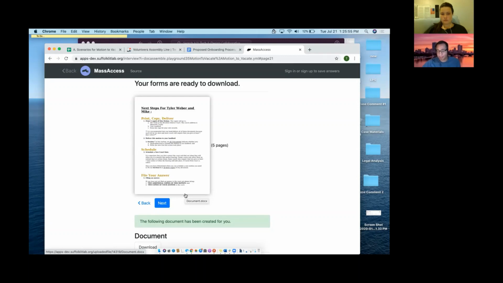If they're not going to send through Mass Access and have another way, we need to think about this being the court copy and this being your copy, because Kate pointed out it's difficult for people to split PDFs, and we don't want to send the user's cover sheet to the court. That's a workflow thing we need to figure out, so that people like Mike and Tyler don't have to figure this out for themselves. From one interview to the next, we need a guideline about how we're going to do this.